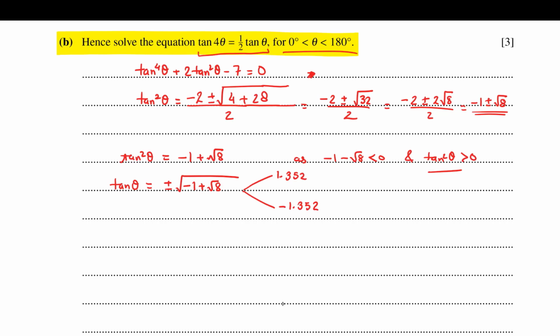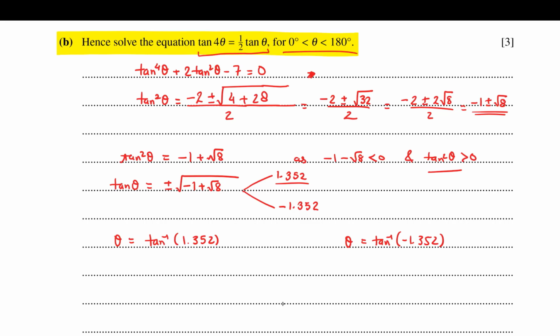So we have the tan theta value as this. It means the theta value with the positive is going to be tangent inverse of 1.352, and from here theta equals tangent inverse of minus 1.352. Now we'll see it from the calculator.